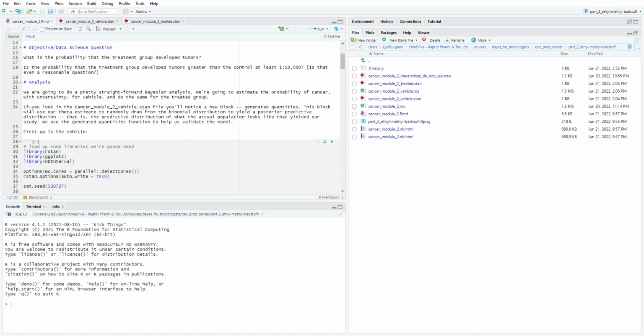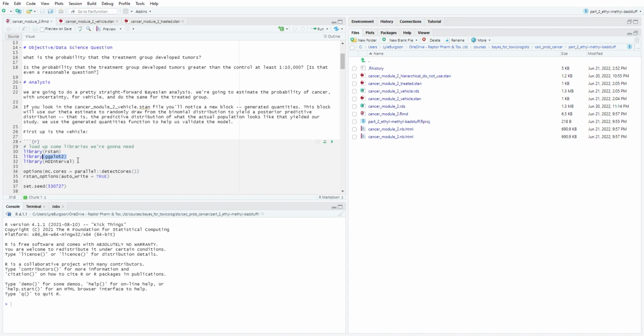So that is what I just mentioned there, that new stuff about the generated quantities. Like I said, this is going to be a pretty straightforward Bayesian analysis. This is some other stuff that I added in here that wasn't in the previous example: ggplot2 and HDInterval. ggplot2 is a graphics library that is extremely popular right now because it's extremely easy to use.